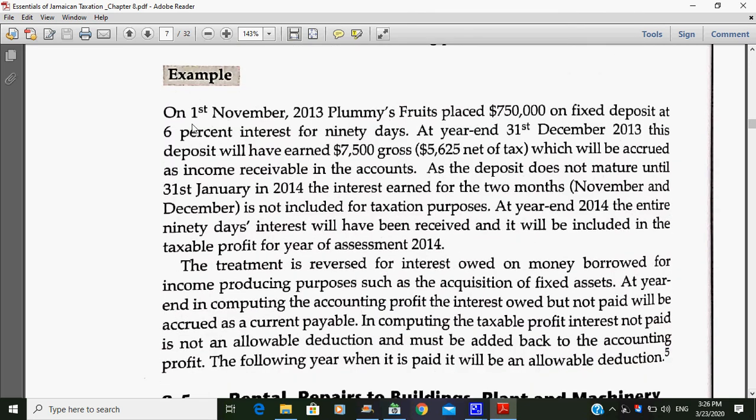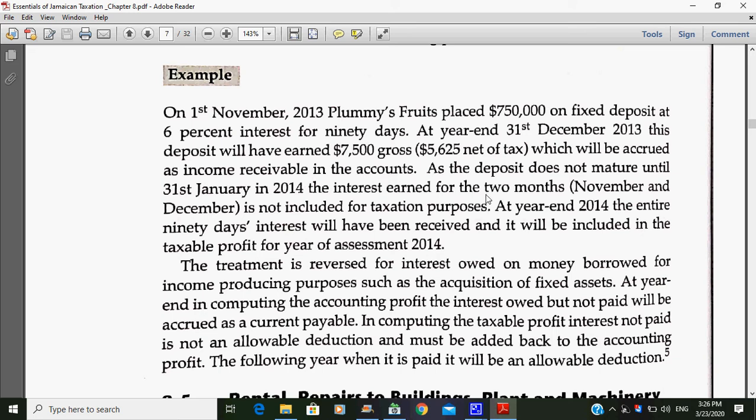On the 1st of November 2013, Plums Fruits placed 50,000 on fixed deposit at 6%, for 90 days. At the year end, 31st December 2013, this deposit will have earned 7,500 gross, which will be 5,625 net of tax, which will be accrued as income receivable in the accounts.